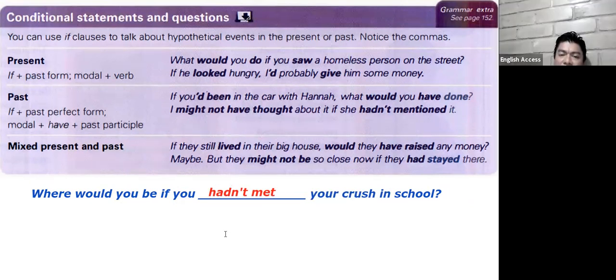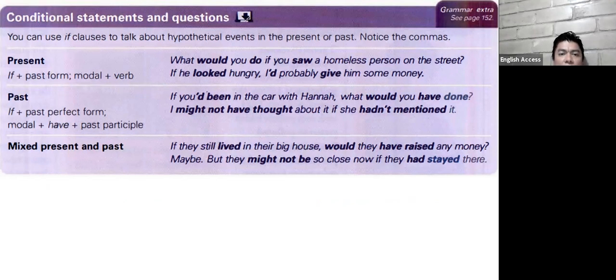There you go. Very good. All right. Now we need to continue. Let's move on to the next one.